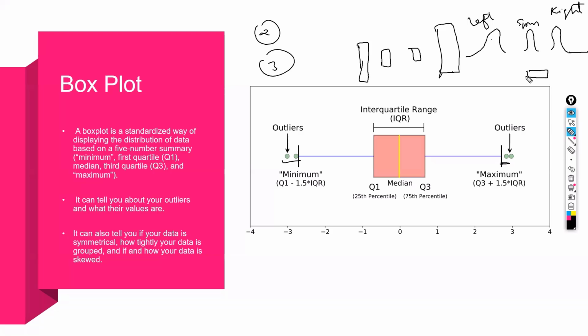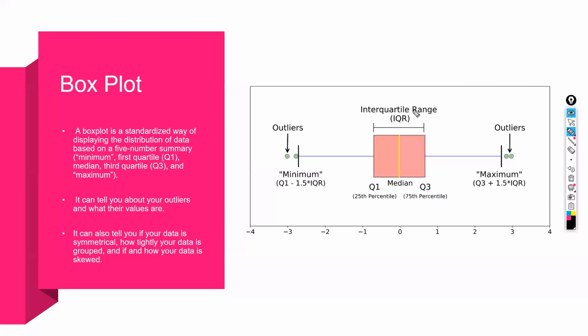Same is the case with our box plot. It's just the same. I hope you have understood the uses, how they are divided, the steps in creating and interpreting these box plots, and how you compare them.